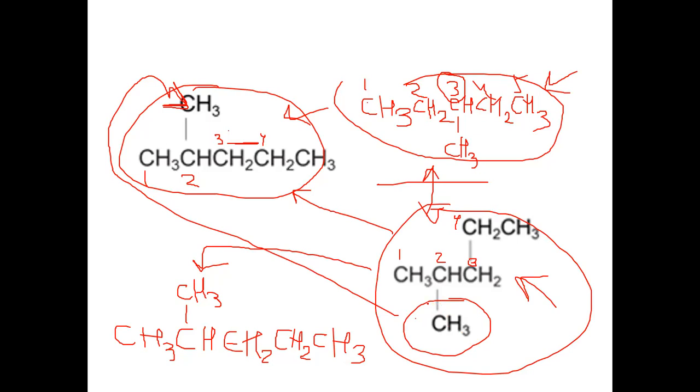No. I mean, could it be possible to replace the ethyl and methyl places to make something? I see. So you want to make something like this, right? CH3, CH. Then it comes here, CH2, CH3, then it goes CH2 and CH3.